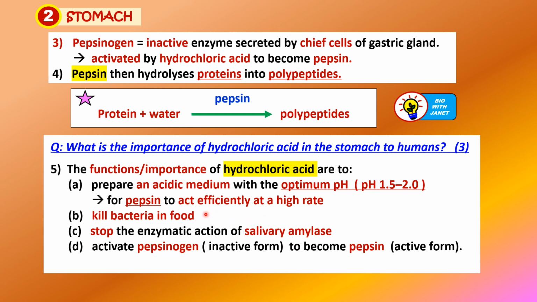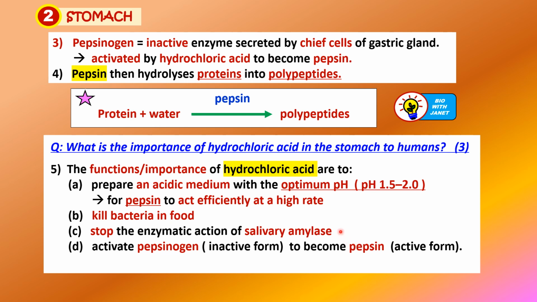Second function is to kill the bacteria in the food. Now, third function is to activate the pepsinogen, which is the inactive form of pepsin. So hydrochloric acid will activate pepsinogen to form pepsin, right? Then the pepsin can hydrolyze the proteins.